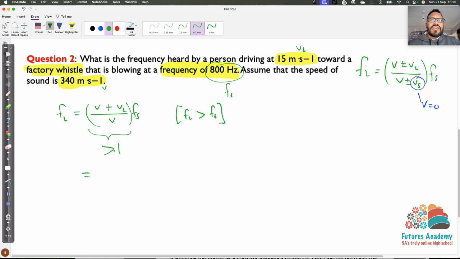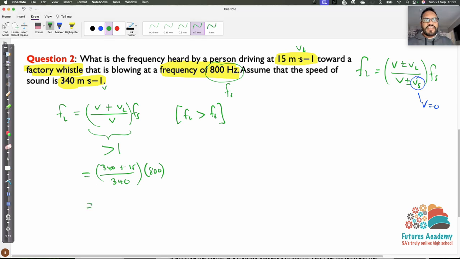Let's substitute in the actual values now. It's going to be 340 plus 15 meters per second, divided by 340, multiplied by 800 hertz. And that whole thing has to be a little bit higher than 800.